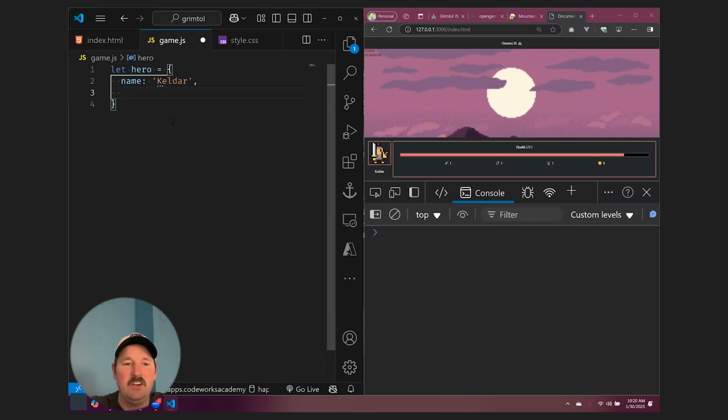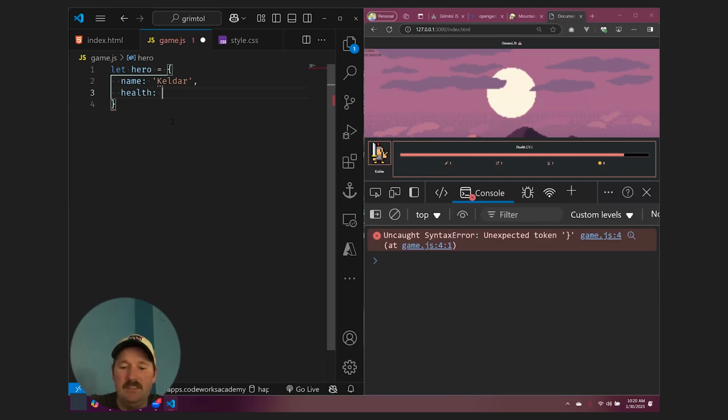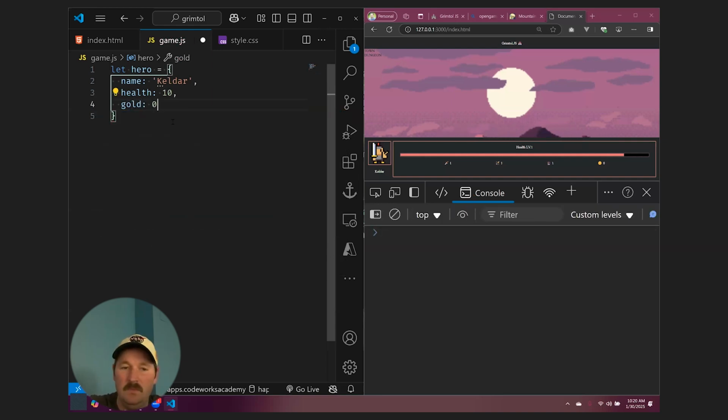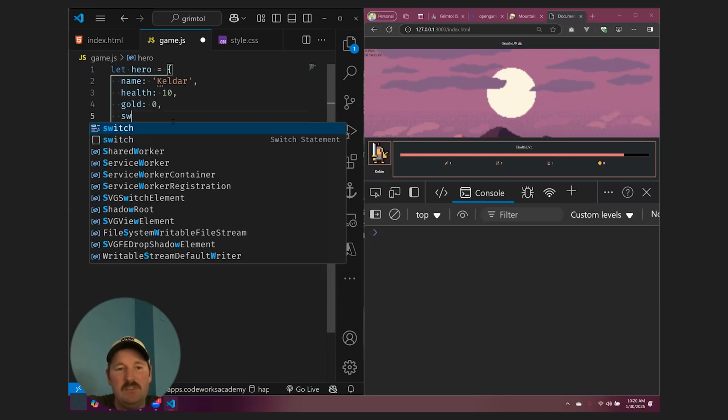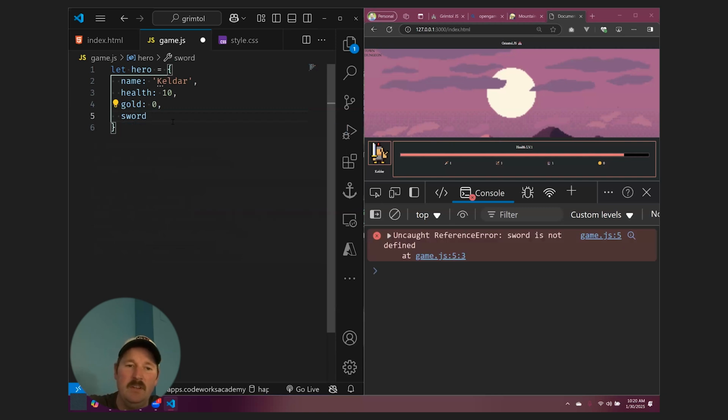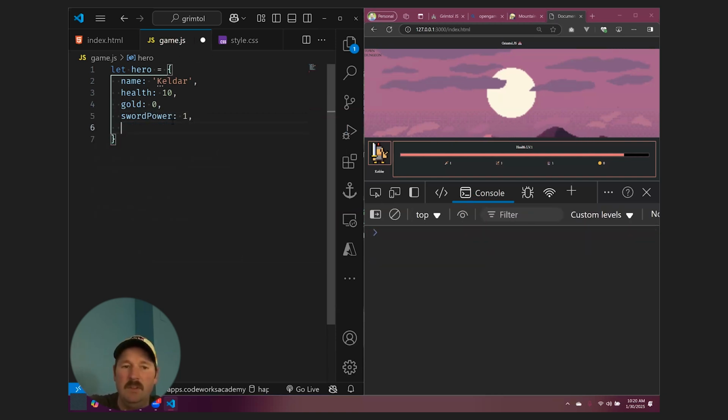Your current health is 10. Your current gold is going to start out at 0. Let's call it sword power. It's going to start at 1.